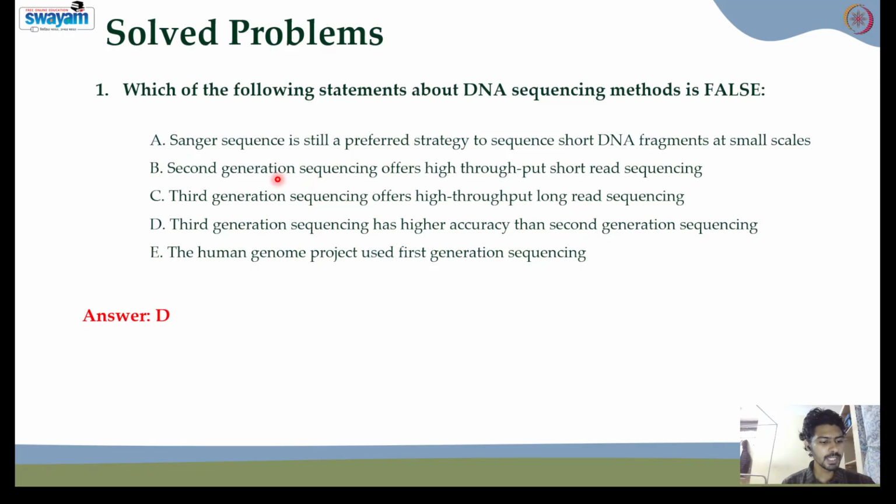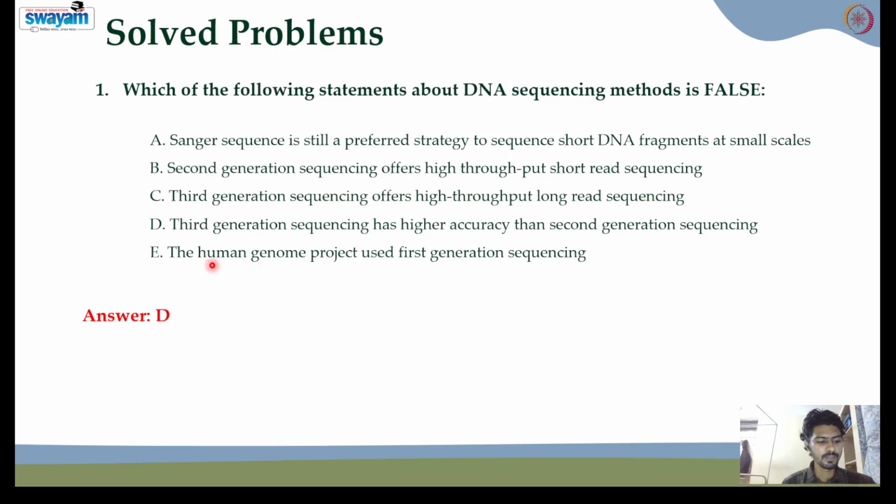In option B, the second generation allows massively parallel sequencing of short fragments, so it offers high throughput, especially for short read sequencing. And in option C, the third generation enables sequencing of significantly longer DNA fragments, which is why it is applicable for high throughput long read sequencing.